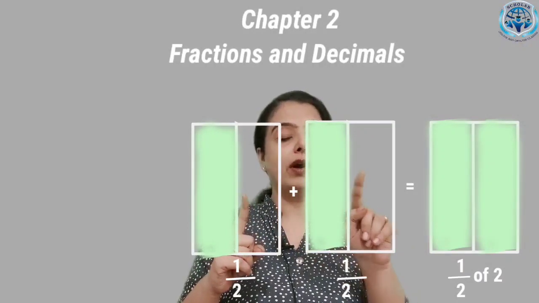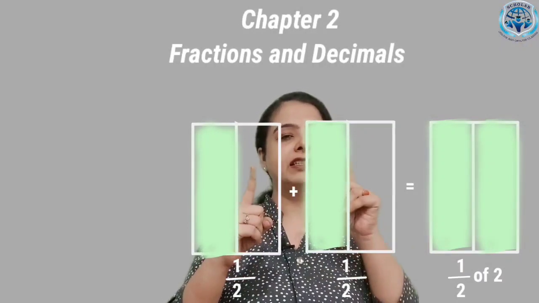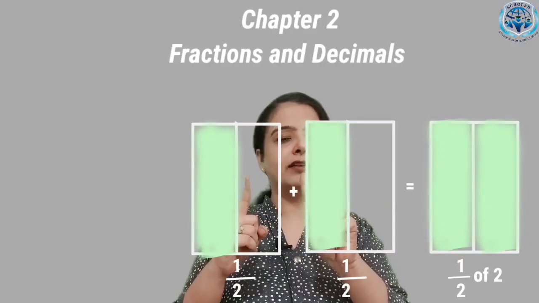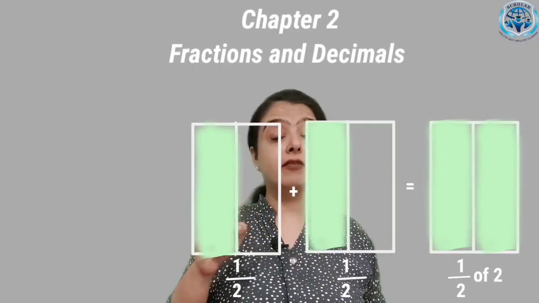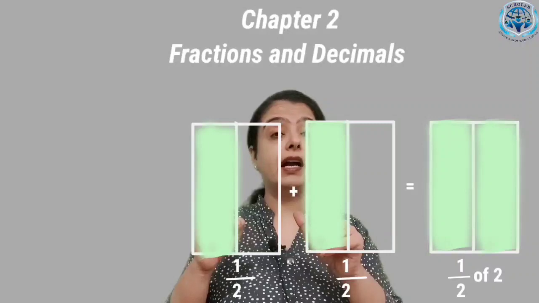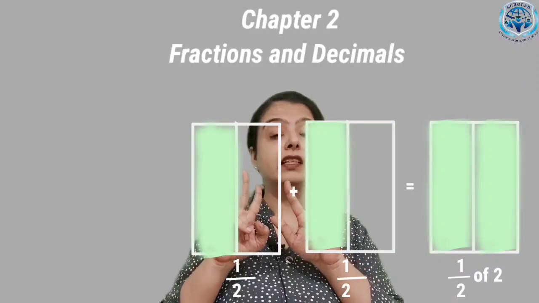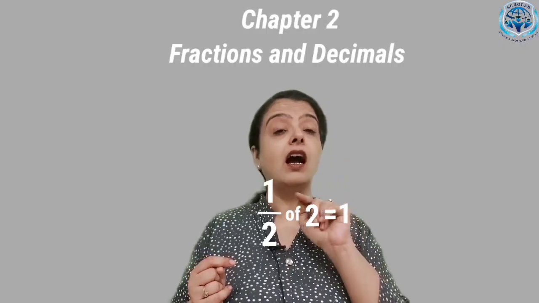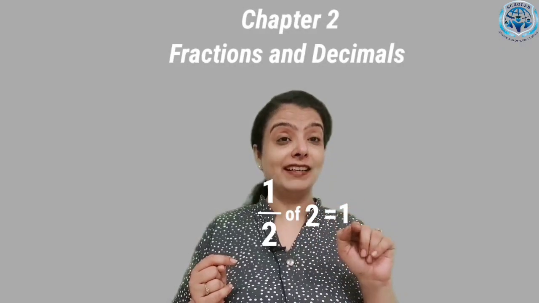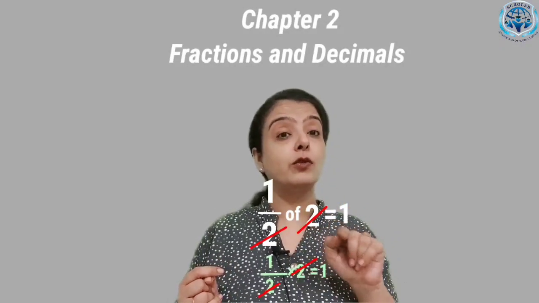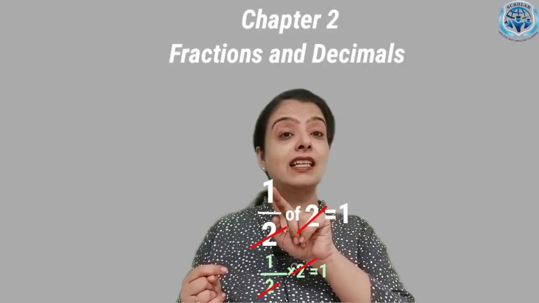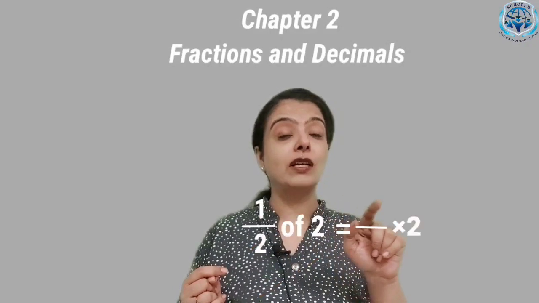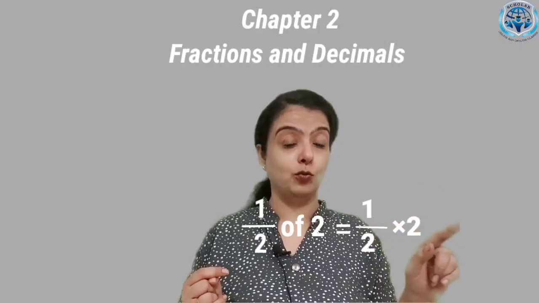One shaded part is half of 1, another shaded part is half of 1. Together both shaded parts are half of 2. But half of 2 is 1 and 1 by 2 into 2 is also 1. That means half of 2 is equal to 1 by 2 into 2.